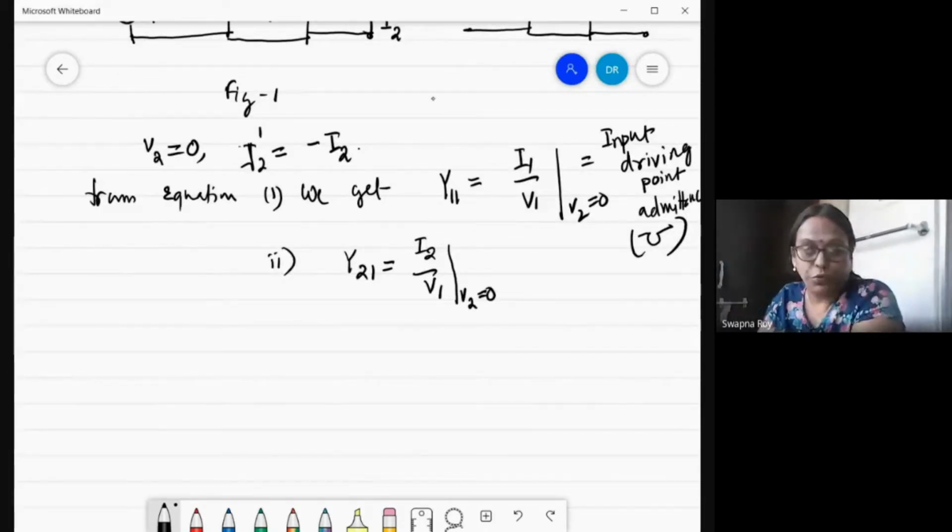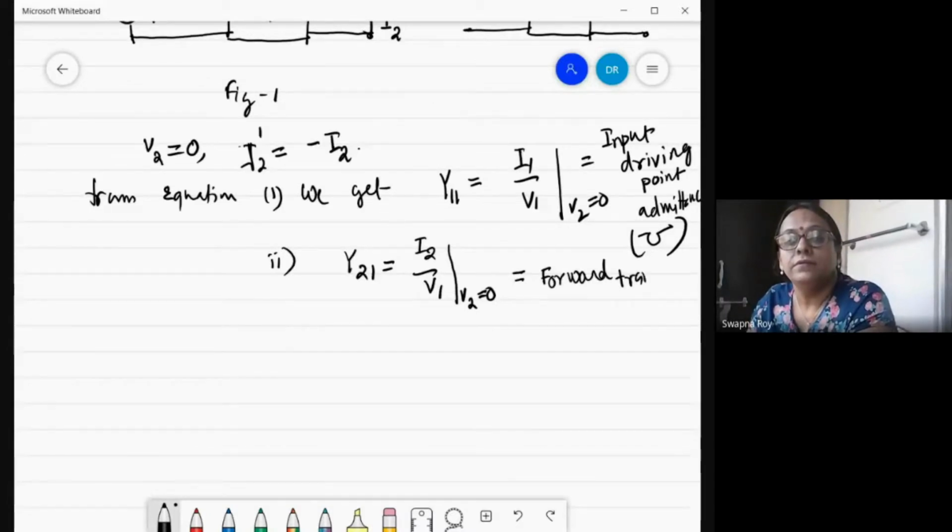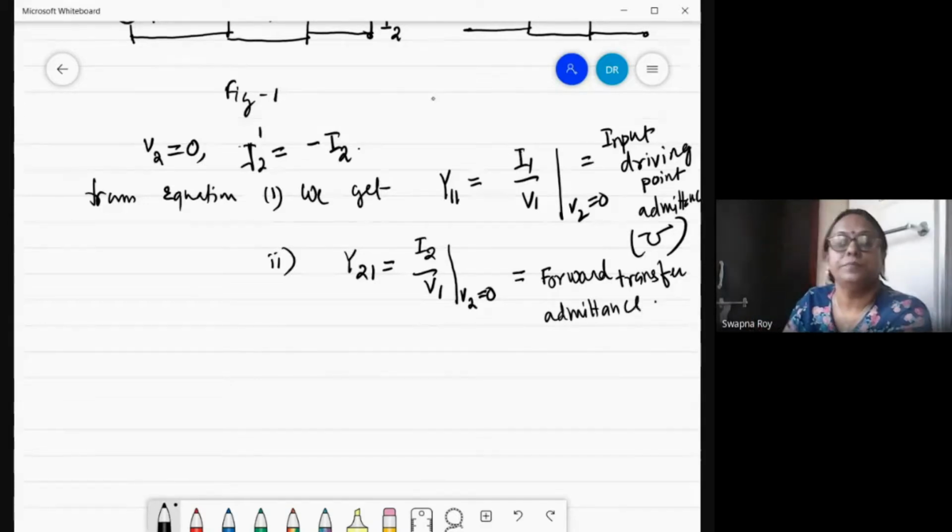That means output port is shorted. This is known as forward transfer admittance.